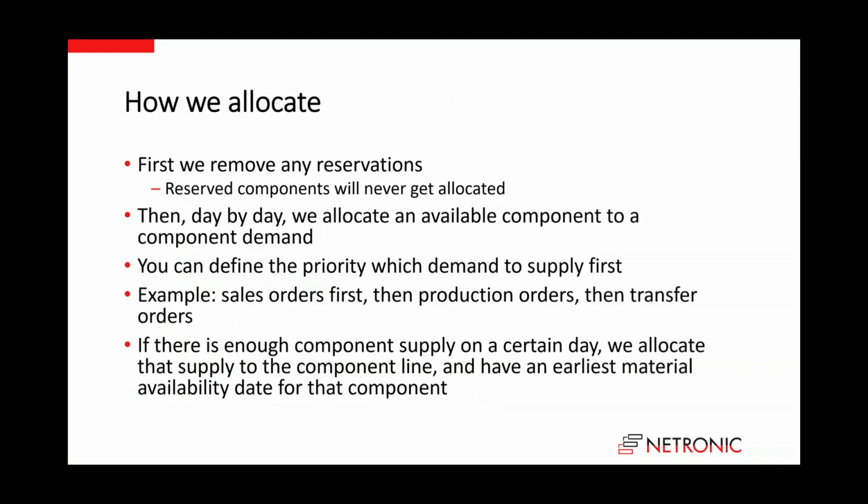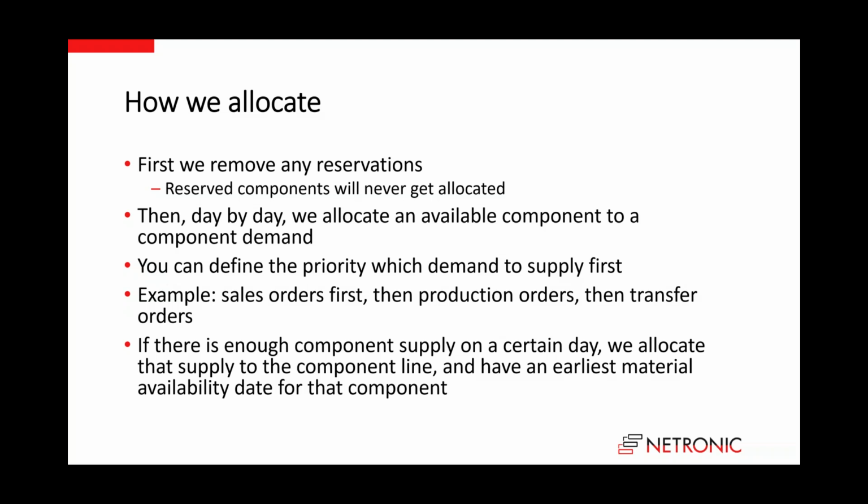The way we do this is, of course, we first remove any reservation. So reserved components will never get allocated. We only look at free or available or potentially available components. And then day by day, we allocate an available component to a component demand. And you can, as a user, define the priority, which demand to supply first. So you can say, I want to fulfill the sales orders demand first, or I want to fulfill the production orders demand first.